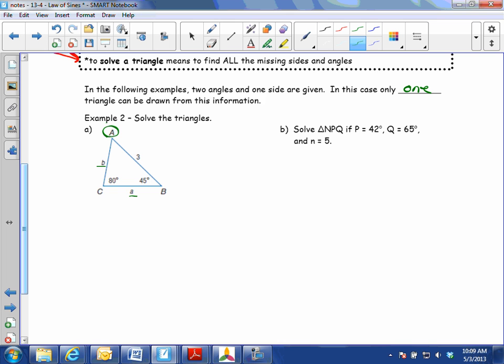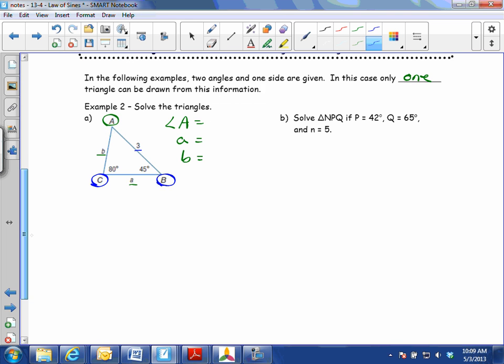So I would write off to the side: angle A, little b. Those are the 3 things that we have to look for. They're always going to give you 3 pieces, and we have to look for 3. The pieces they've given us are 2 angles and a side opposite one of them. So the law of sines says I can take a side.